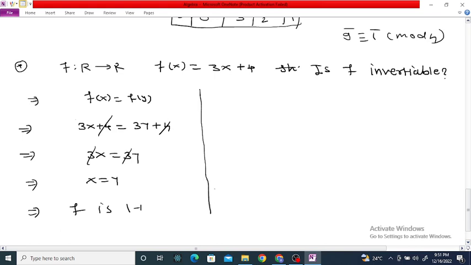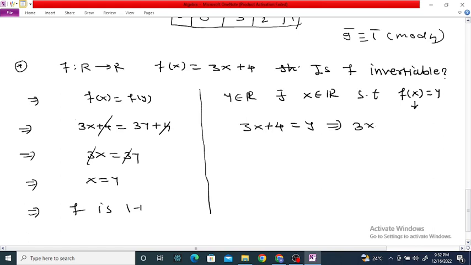Similarly, for onto function, let y belong to R, and suppose there exists x belonging to R such that f of x is equal to y. If we are able to determine the value of x, then we can say that f is onto. So f of x is thrice x plus 4, and the value of f of x is equal to y.